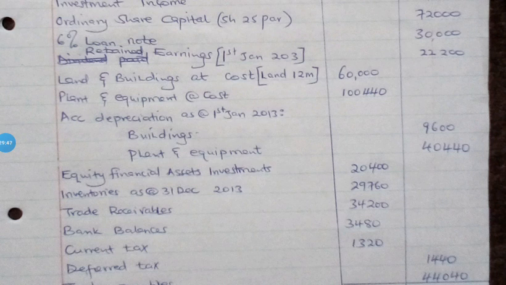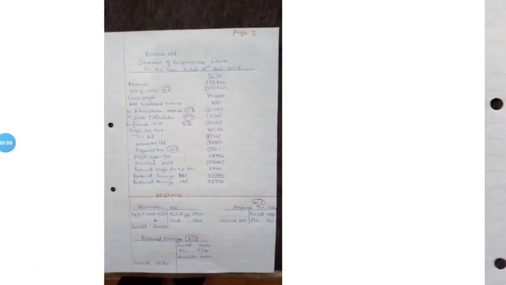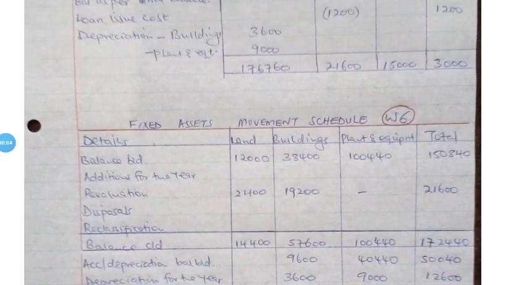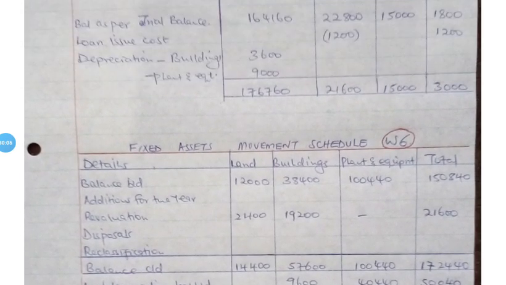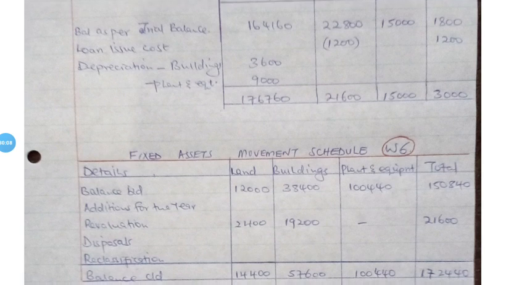That is 15%. 15% of that, we shall get 9,000. We are told that it is classified under cost of sales. So you go to the workings of cost of sales, and you add depreciation on plant.